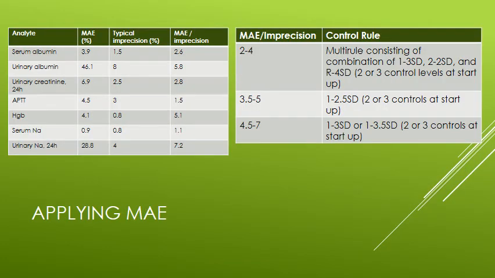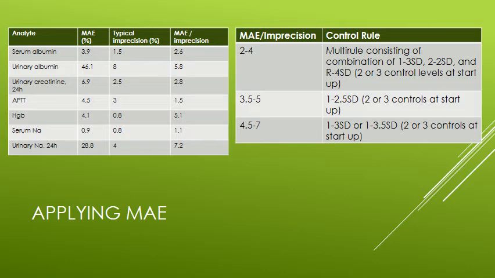Now, just to go back to MAE for a minute, MAE can be related to an imprecision number, the percent imprecision, developing an MAE imprecision ratio. As a general rule, the higher the ratio is, the less useful the test is considered.